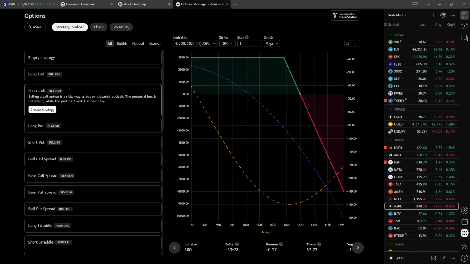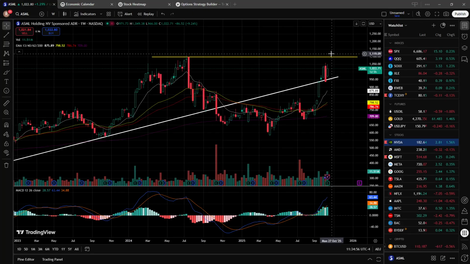That's great. Okay, so this is where I would write a covered call: own the stock already, write a call. Where's my target again? My target area is around here, and I will think about whether I take profit and close the position or just hold it to the end and see what happens. If I close out the underlying stock, I must close out the covered call.